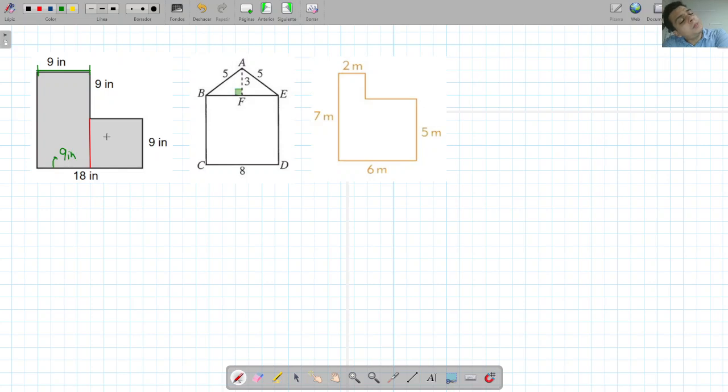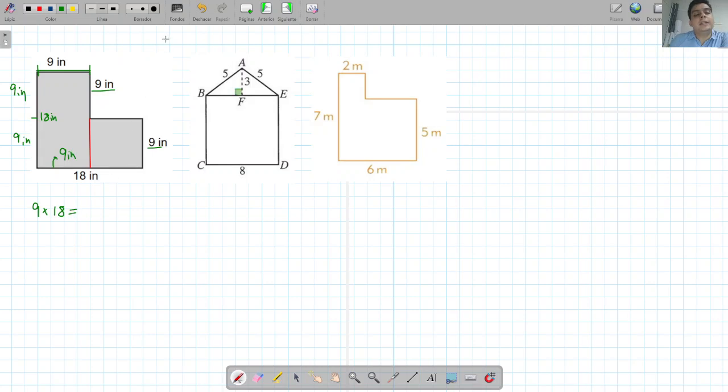But the question will be, okay, if the base is 9, what is the height? The height is given here. If you realize, this is going to be 9 inches, and 9 inches. What is 9 plus 9? Easy. It's 18. So for this part, we will have to get the area as 9 times 18.